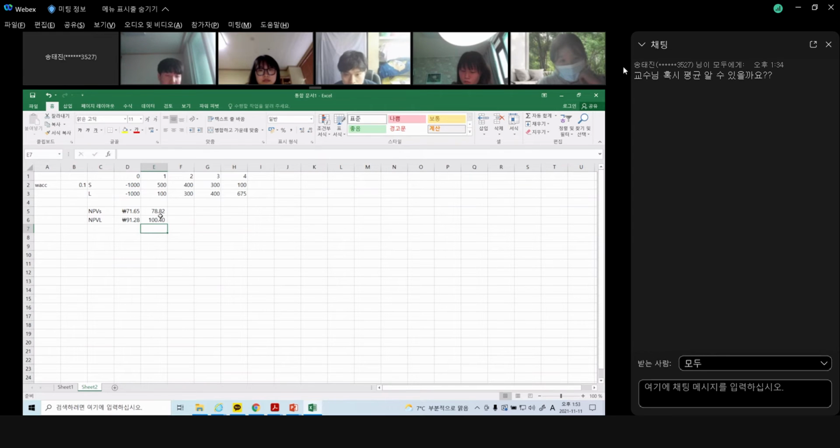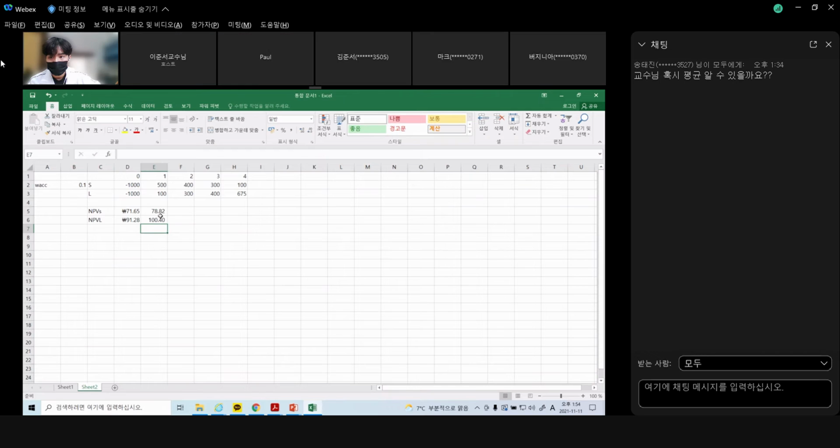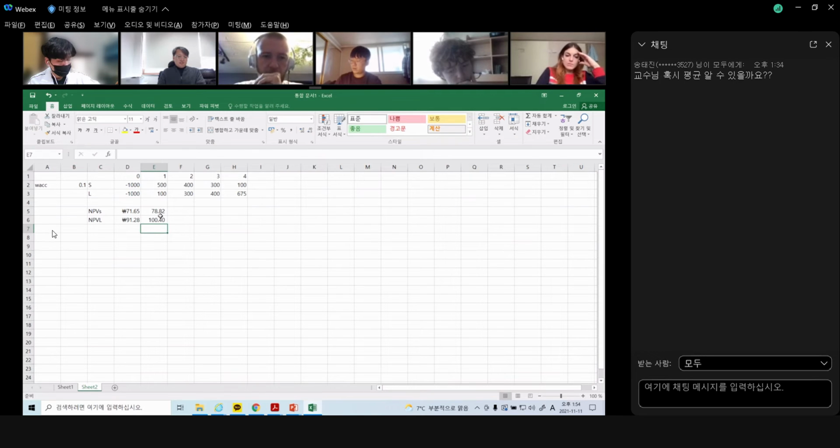The net present value for project S is $78.82, and for project L it is $100.4. So be careful not to start the cash flow at time 0 when you use the NPV function in Excel, right? This is the correct answer.